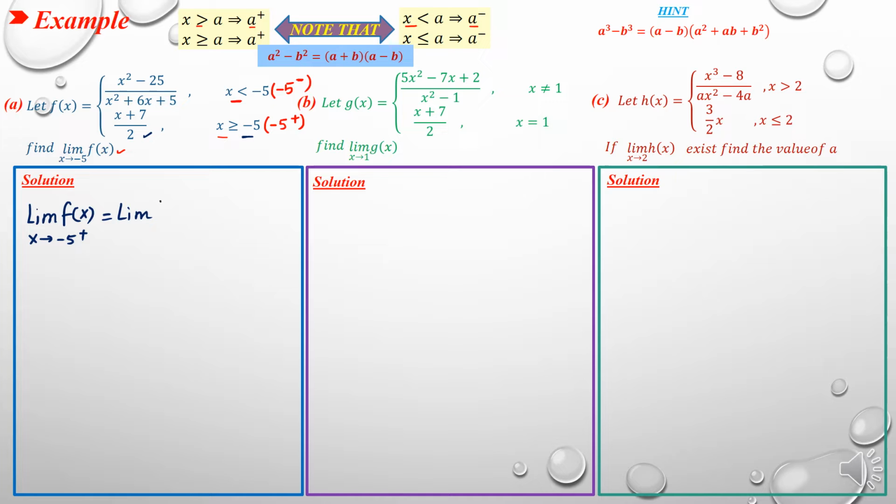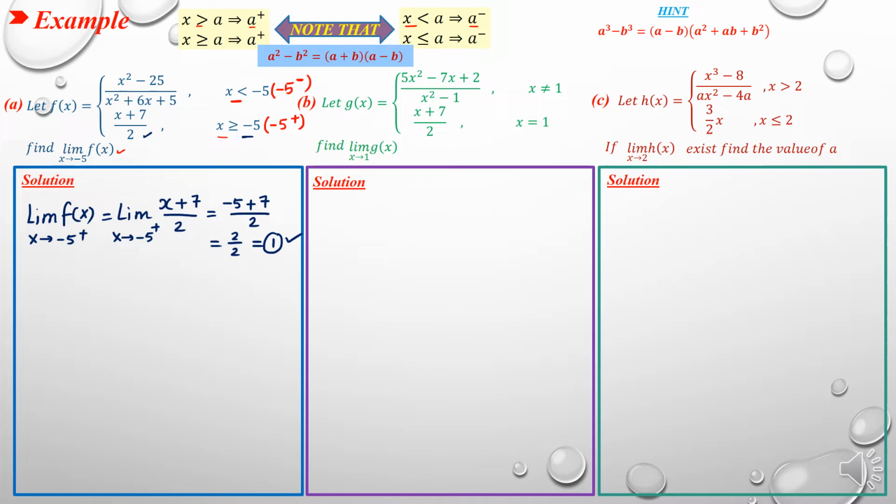So we have limit of x plus 7 over 2 when x goes to negative 5 from right. Now you have to use direct substitution to find the limit, and it will be negative 5 plus 7 over 2, and this gives us 2 over 2, which is 1. So the limit from the right of negative 5 is 1.